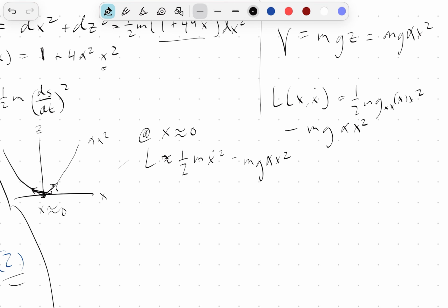And this harmonic oscillator Lagrangian will become 1/2 m x dot squared minus 1/2 m omega squared x squared. And these usually give the equation of motion in terms of the angular frequency squared.